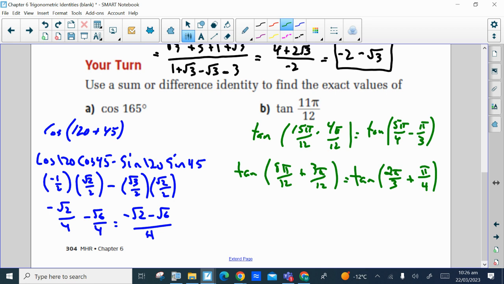So both of these would work. It doesn't matter which one you use, you would get the same answer. Let's use the second one.